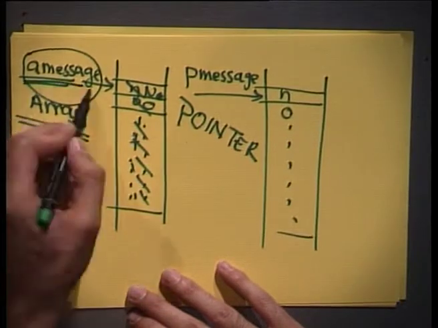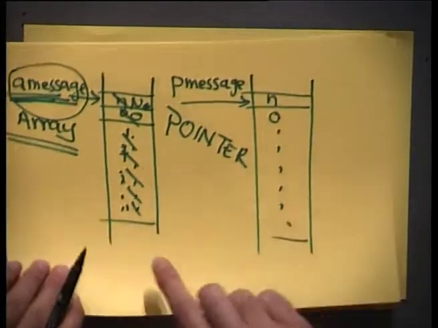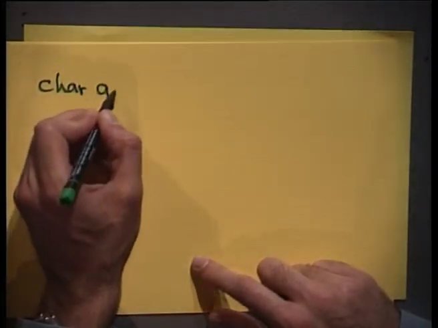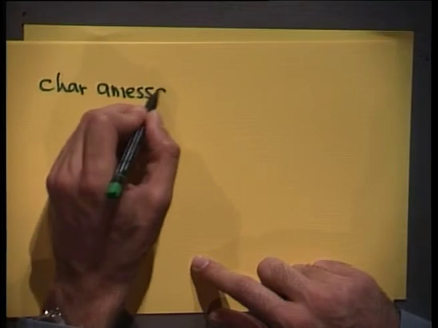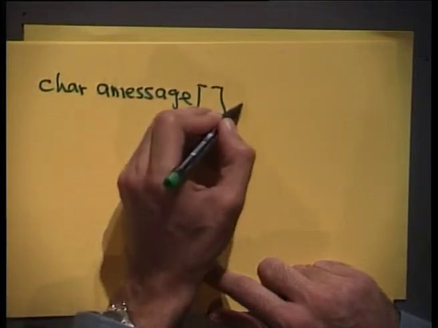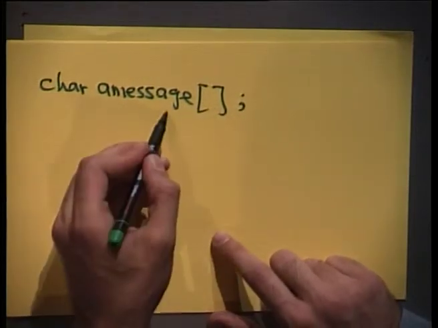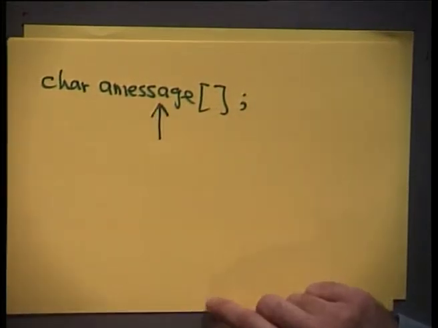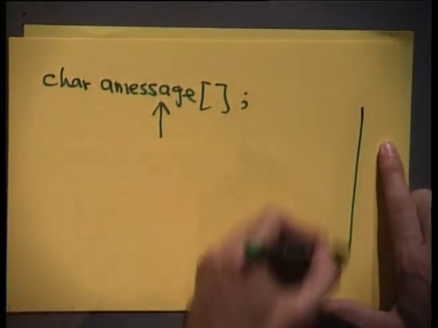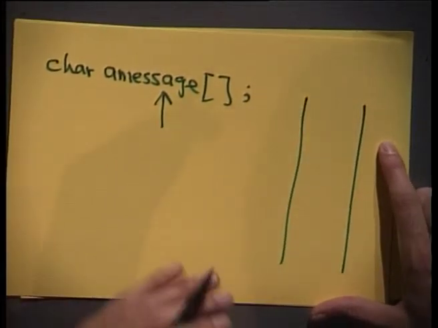So this address is fixed. Once I say something like char a_message, what exactly happens is that I go to the memory, and that's during the compilation step.